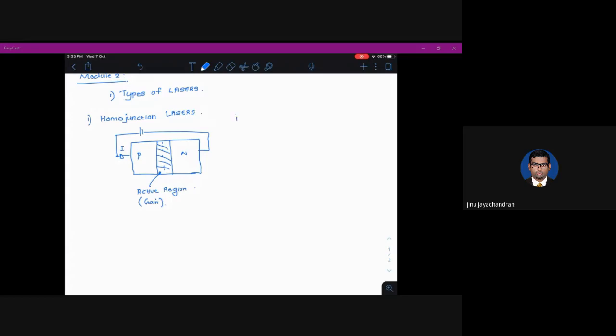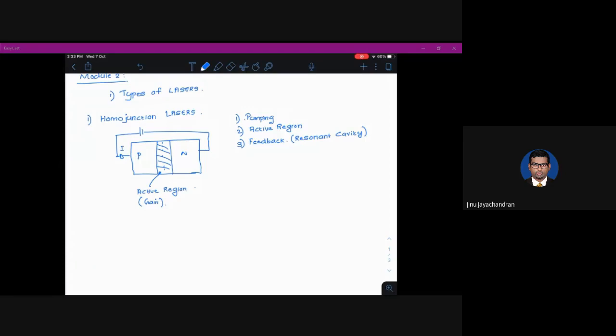For every laser there should be a pumping mechanism, some kind of active region or gain mechanism, and some kind of feedback, or a resonant cavity.